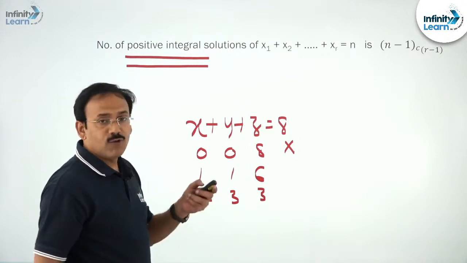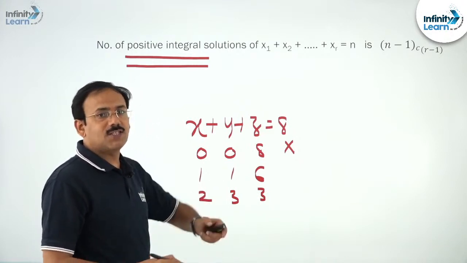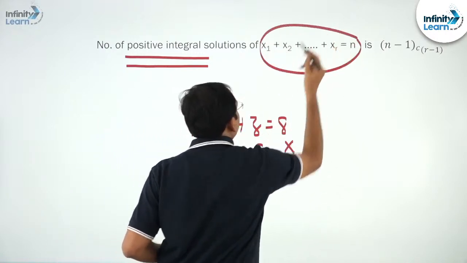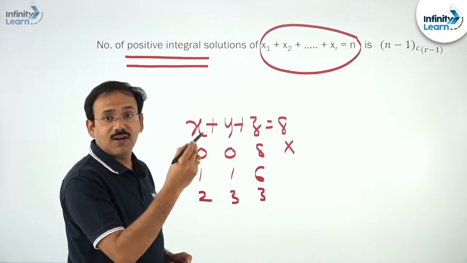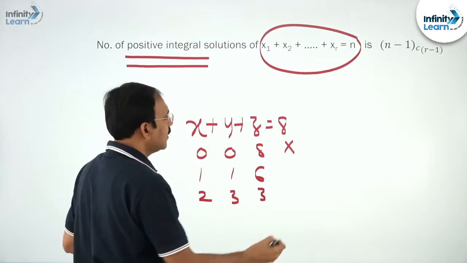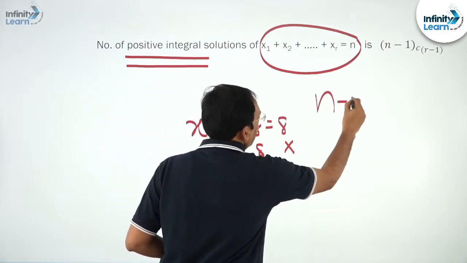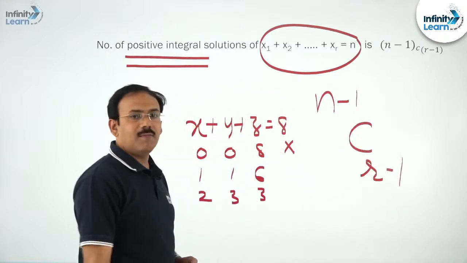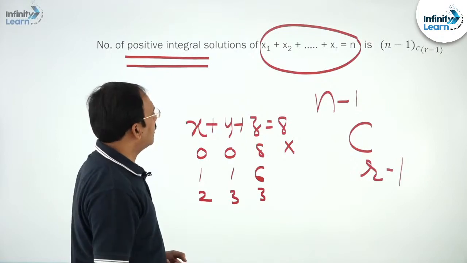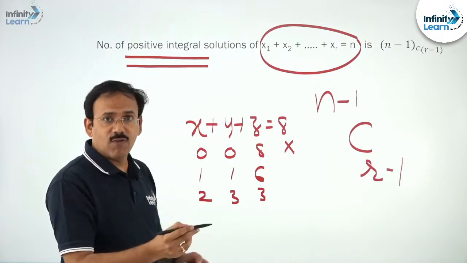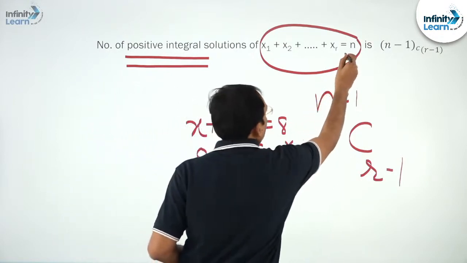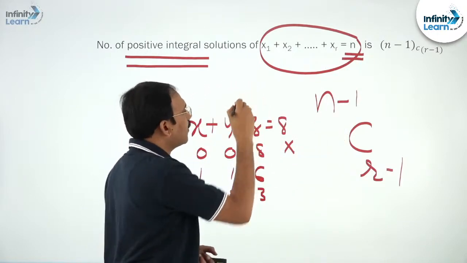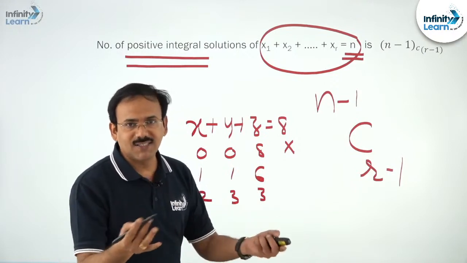So if you want the number of positive integral solutions of the equation x1 plus x2 plus x3 and so on up to xr is equal to n, it is n minus 1 C r minus 1. This is equivalent to the number of ways of distributing n identical objects into r boxes such that no box is empty.